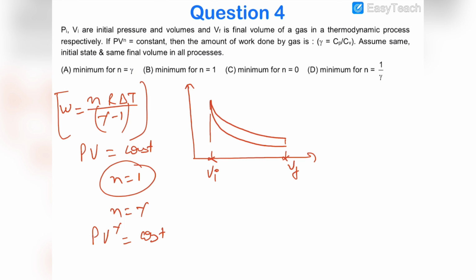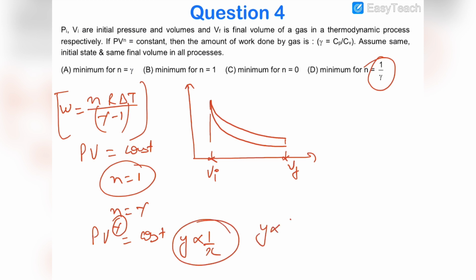And if n is 1 by gamma, we know that y proportional to 1 by x is a hyperbola, and y proportional to 1 by x square is also a hyperbola, but it is a deeper hyperbola. So as we increase this power, the hyperbola will become steeper and deeper.